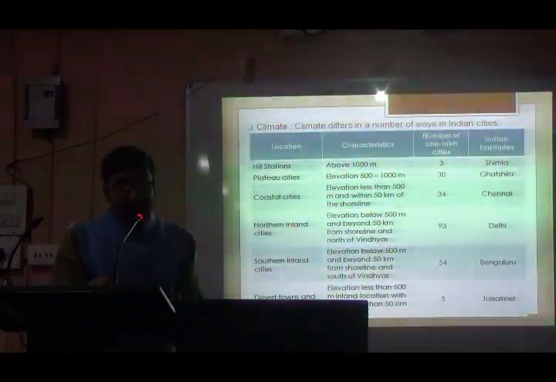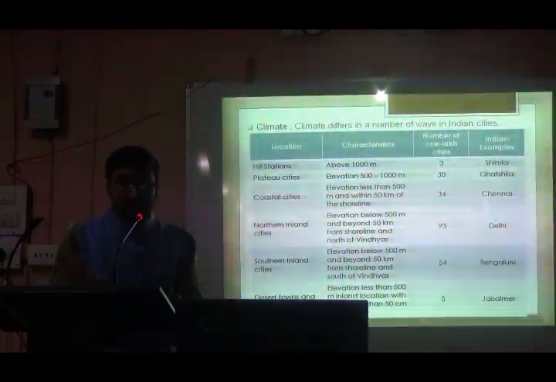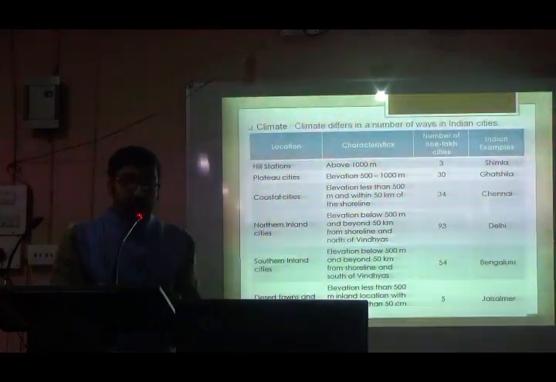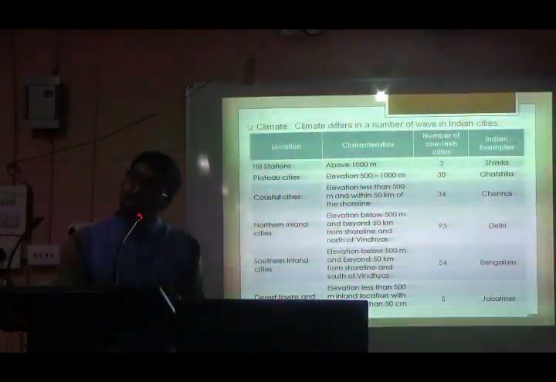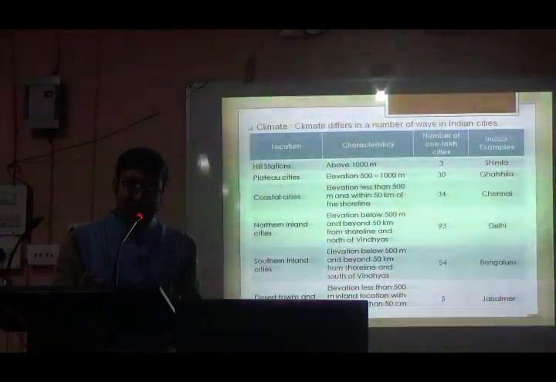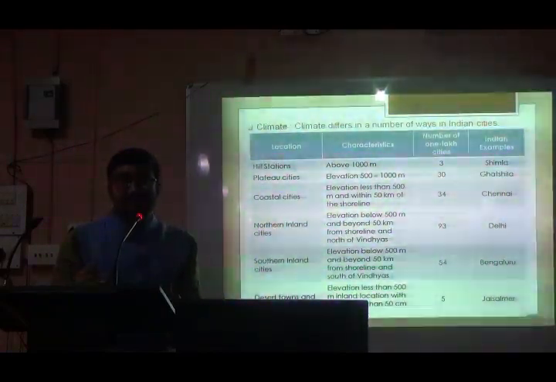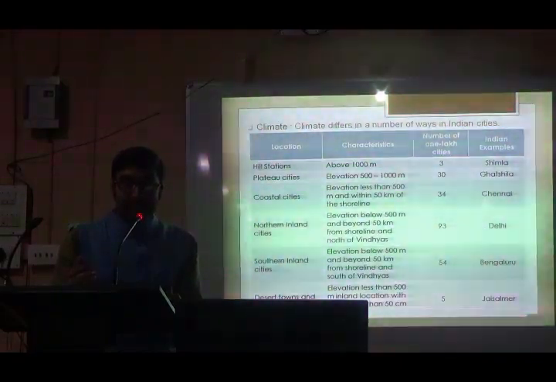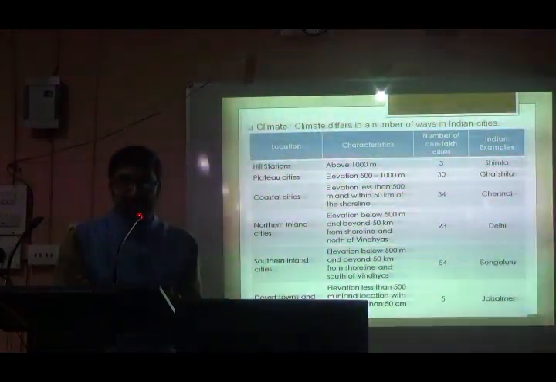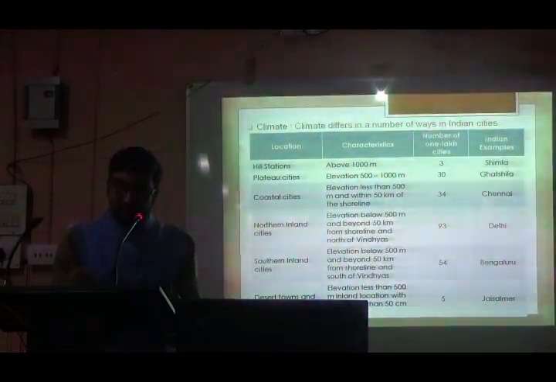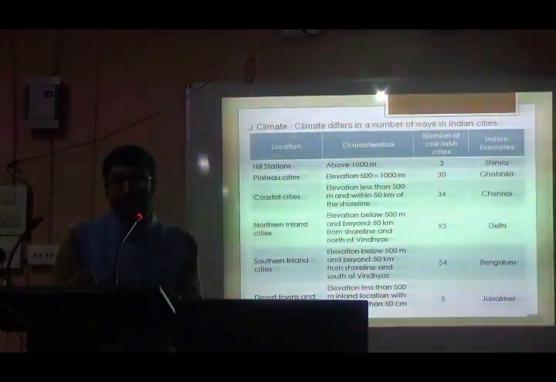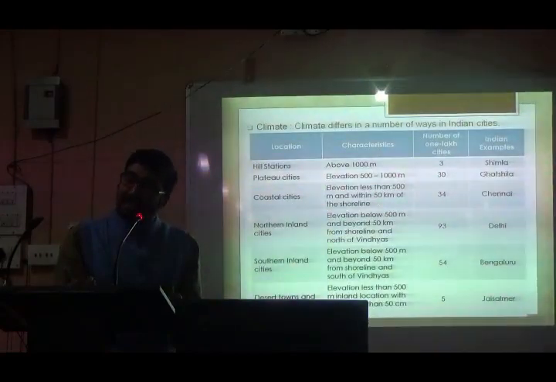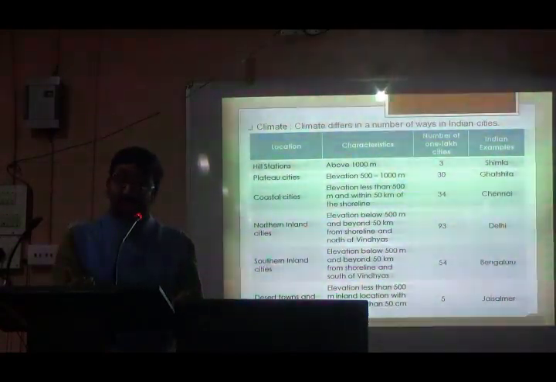Coastal cities are located within 15 kilometers distance from the shoreline. Northern and southern inland cities both have the same features. The difference is that the northern inland cities are located in the northern portion of the Vindhya, whereas the second category is located in the southern part of the Vindhyan range.